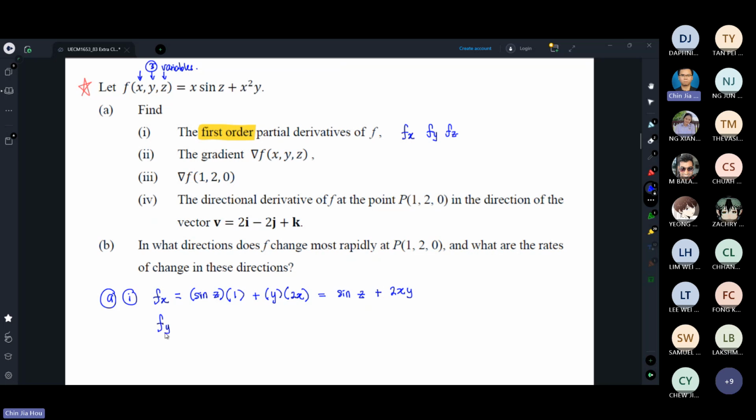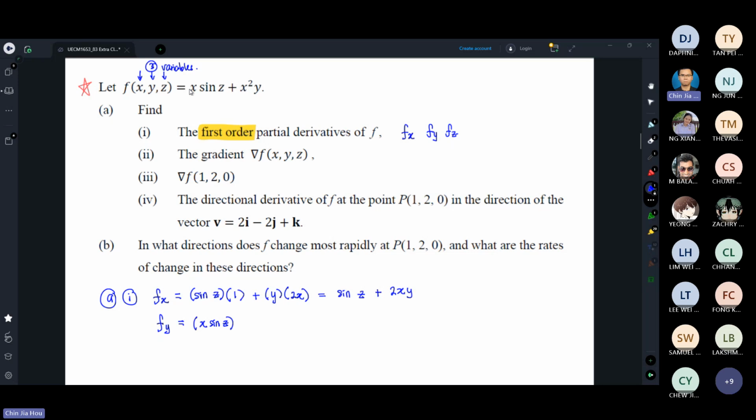Then for the y, we notice that the first term doesn't have any y, so we can conveniently write it as 0. But maybe to further reduce your confusion, let me just follow strictly what I have suggested earlier. Write the constant first, and then differentiate with respect to y for this term.